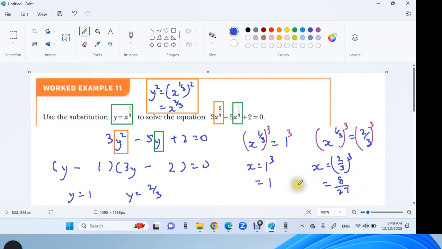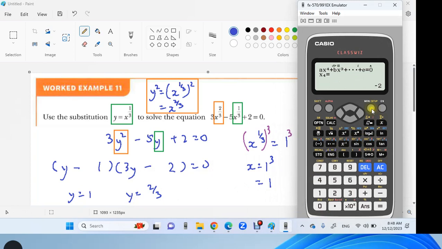To check the answer for this, you go to the normal mode. If you can do this one, then no problem. If we want to solve the original one, then it's x power 2 over 3 minus 5x power 1 over 3 plus 2, alpha equal 0. After you press alpha, you can use the function in pink color.